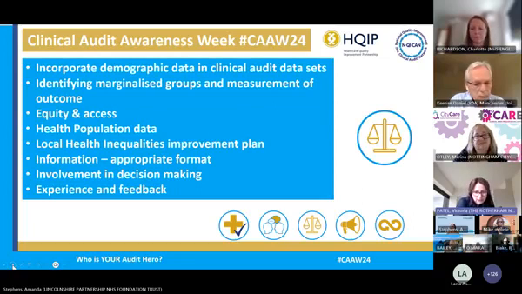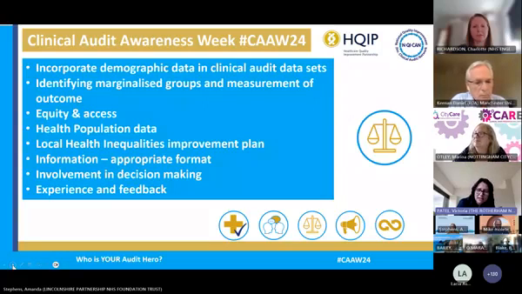And I know historically with clinical audit, we've always said, oh, you can't collect demographic data, it doesn't fit with the data principles, etc. It's got to fit the purpose of the project. And we've almost done a complete U-turn now where we're supporting our clinical teams to really start to incorporate some of that data into their data sets so that they can start to look to see if there is a variation in health outcomes for any particular groups and to make sure that we're picking up on any unwarranted variation.